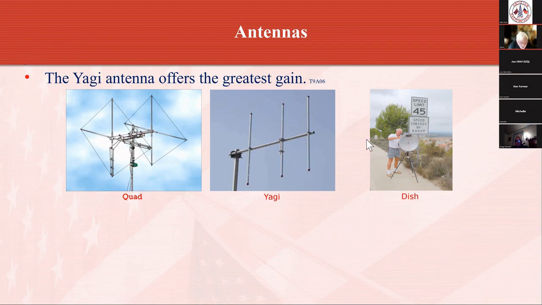So the question that this is addressing talks about which antenna offers the greatest gain, and it talks about antennas like a vertical antenna or other ones we'll get to. But the Yagi is the one that's directional. And the way the Yagi works, this is not on the test, but this middle element is driven by the transmitter.